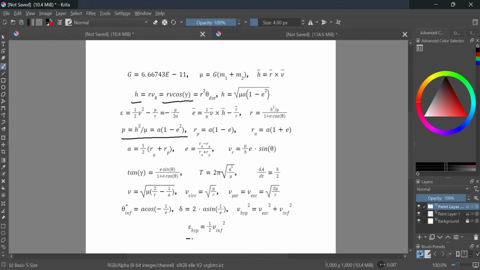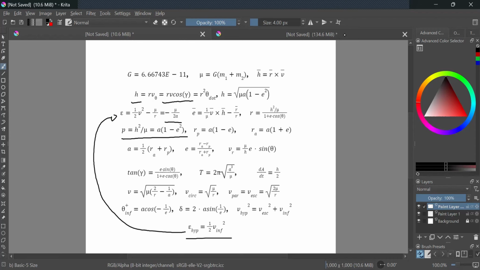I know what my V infinity is, so I know what my hyperbolic excess energy is. Energy is conserved, so I can use that in this equation. I can just equate them to one another. That will get me a semi-major axis. With an angular momentum and a semi-major axis, I can find my eccentricity. I can find the rest of them. Okay. All right, let's see if it works.